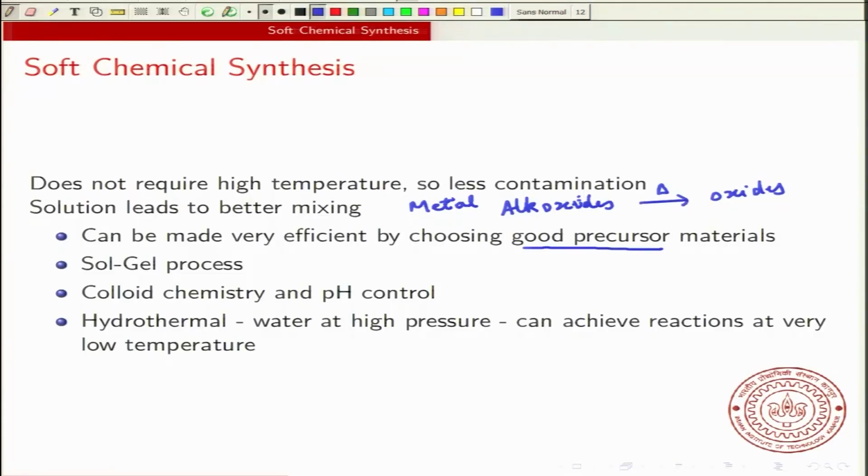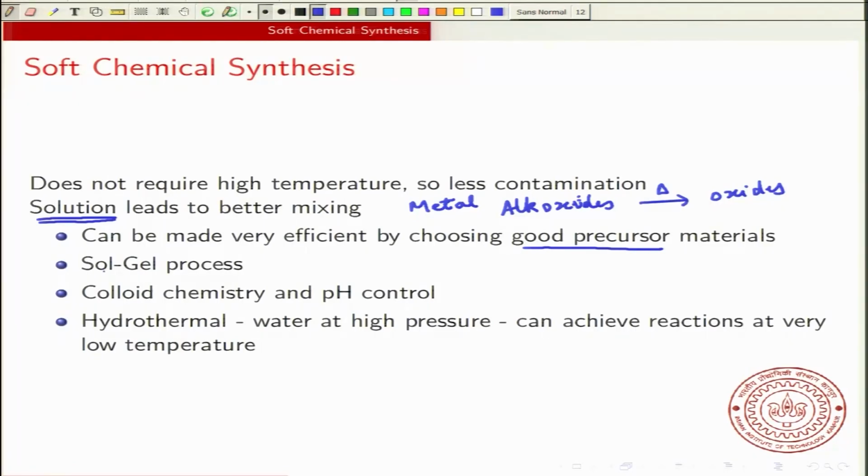Another procedure that is used quite often is what is called a sol gel process. One of the characteristics of this soft chemical synthesis is that we use solutions, and when your initial mixing of your materials is done in a solution form, that leads to much better mixing. So you take your solution and then you evaporate it slowly. Then it forms a colloidal sol.